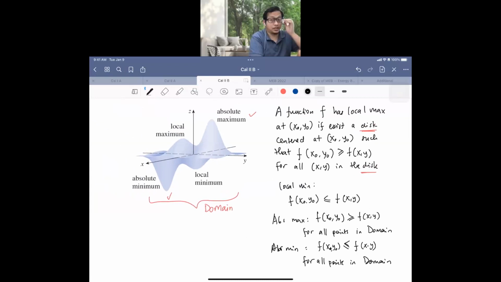I think the words are not as important as the definitions, but if you look at the picture here, I think it's already obvious which one is the absolute minimum, maximum, local maximum, minimum.